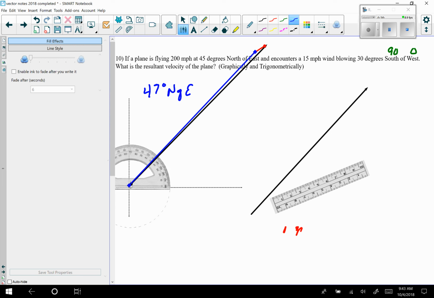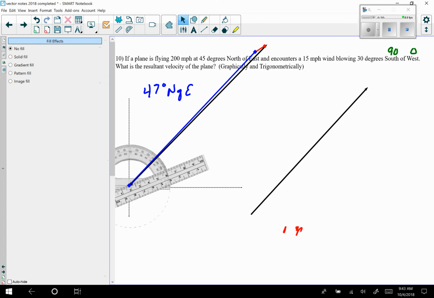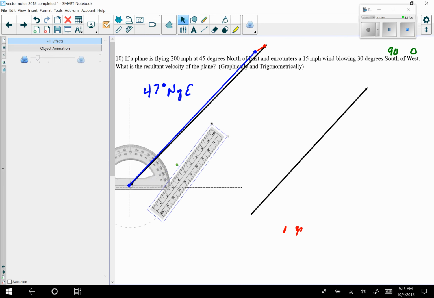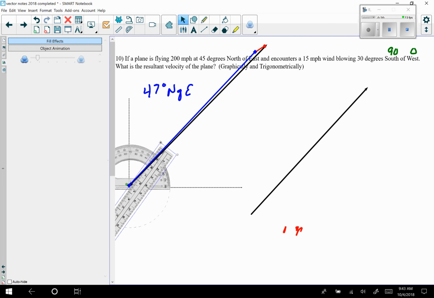And now we've got to figure out how fast it's actually going to go. Well, the way you do that is simply taking your ruler and measuring the line. So let me bring my ruler over here now. Let me get this all lined up. It's so much easier with a real ruler. So that's about 10, and so it's about there.